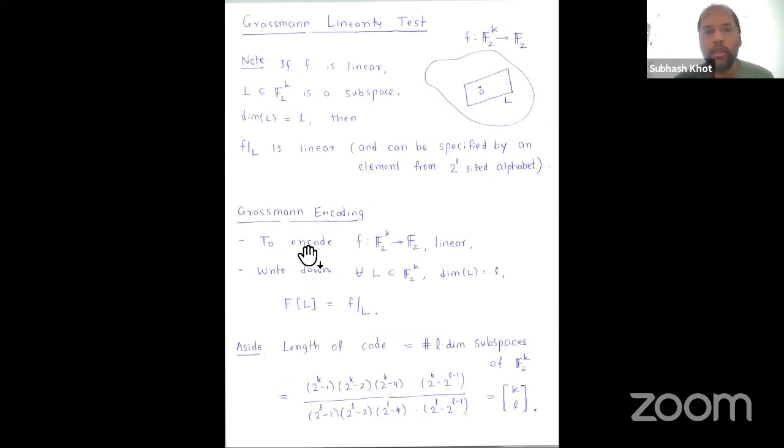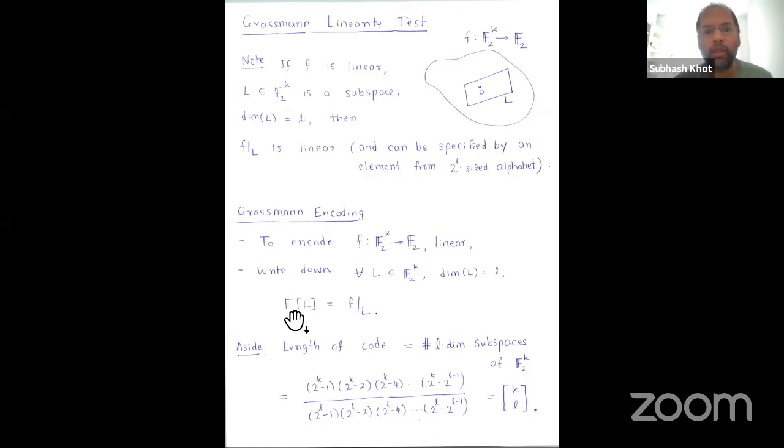So here, the goal is to encode, and this is called Grassmann encoding. The goal is to encode a Boolean function f, little f, which is a linear function. To encode a linear function, we write down the restriction of this function to every subspace L of dimension little l.